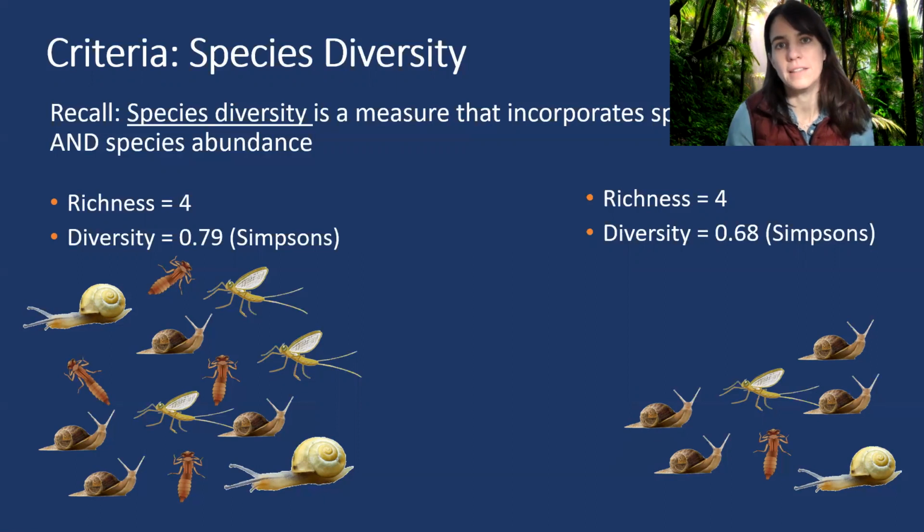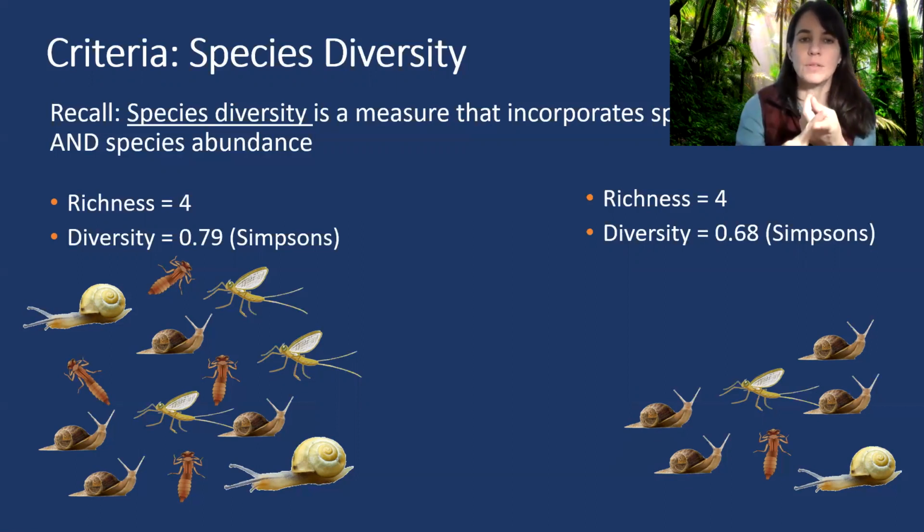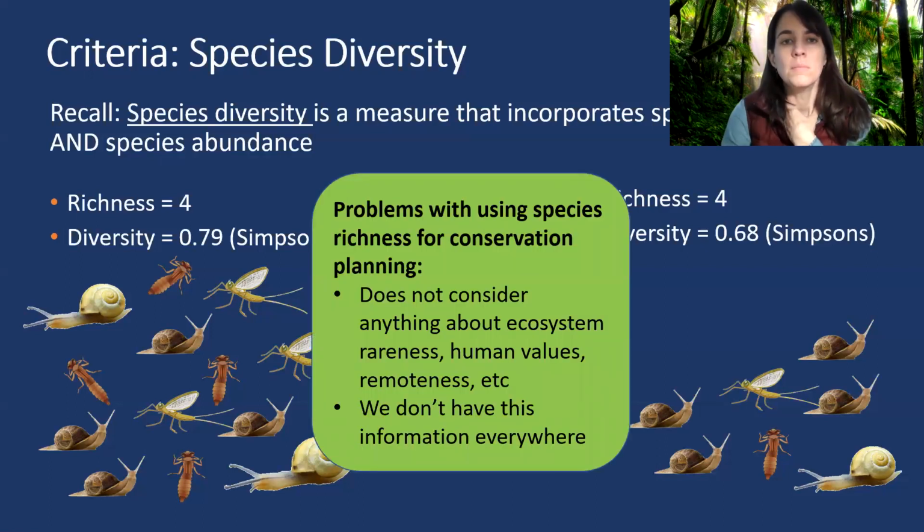I didn't ask you to learn that in this class, but we did look at, as you can see down here, the different diversity metrics, what it would look like if you did calculate it. And species diversity does give more credit, a higher ranking to that first community, which has not only 4 species, but higher abundances of each of those species. So species diversity is a little better way to look at it, but it's still not incorporating everything, right?